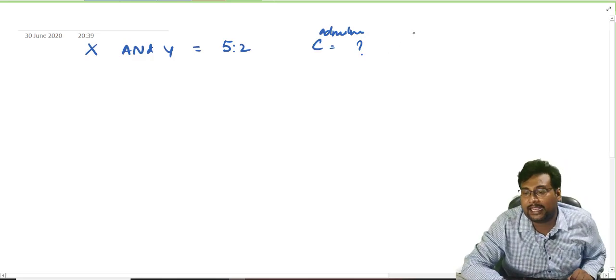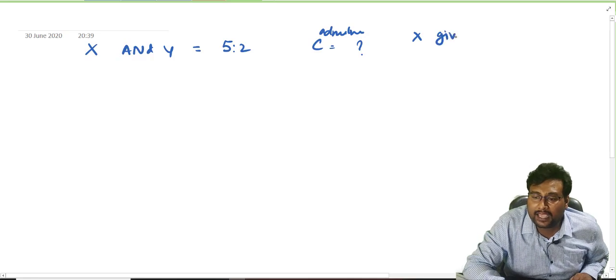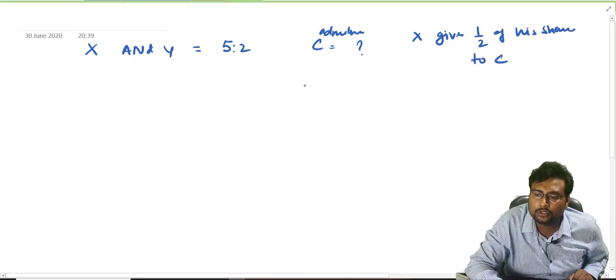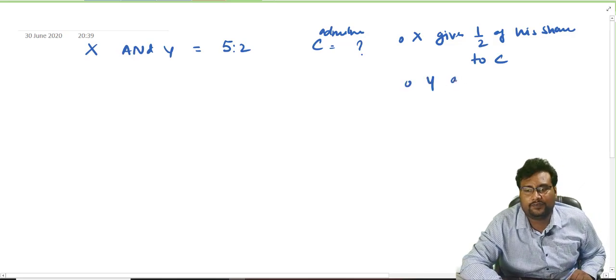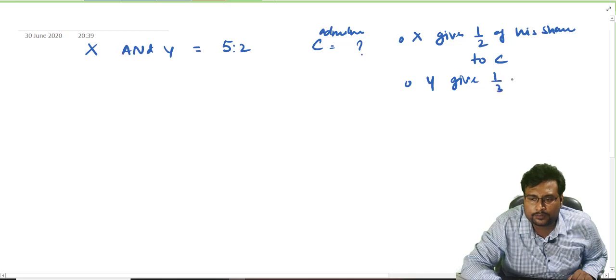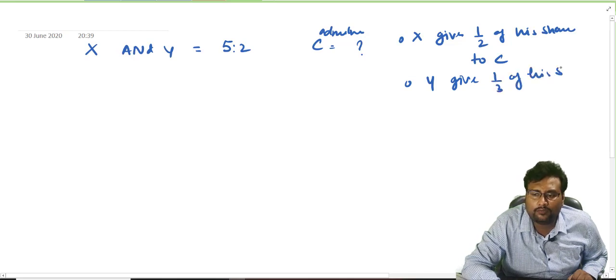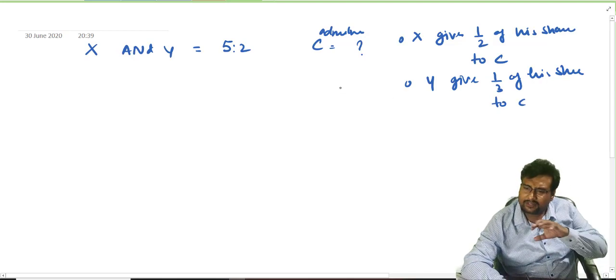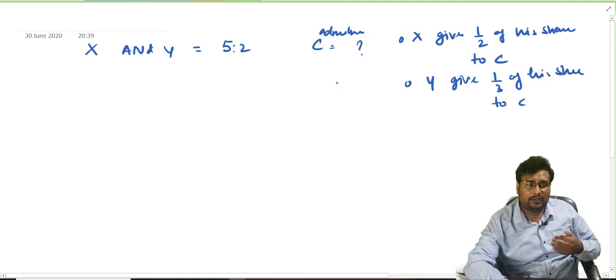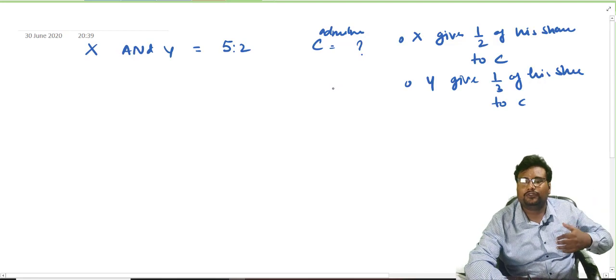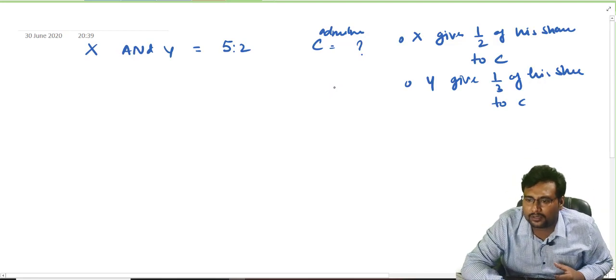X gives 1/2 of his share to C, and one more piece of information is given: Y gives 1/3 of his share to C. Sometimes this type of question is also asked in the board examination, where the old partners give part of their share to a new partner.